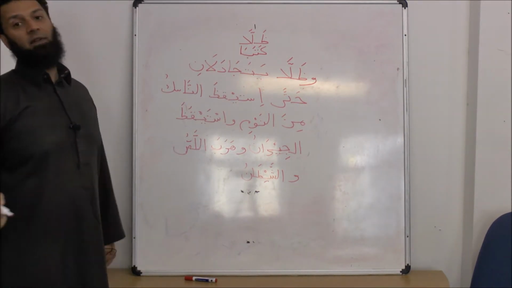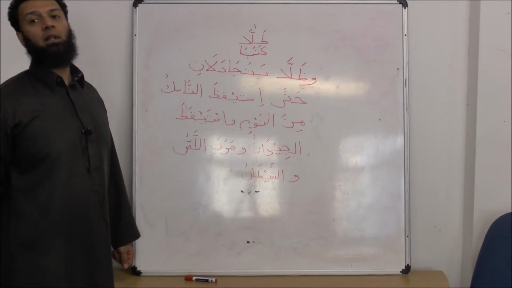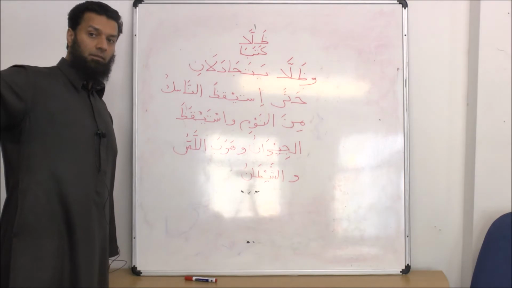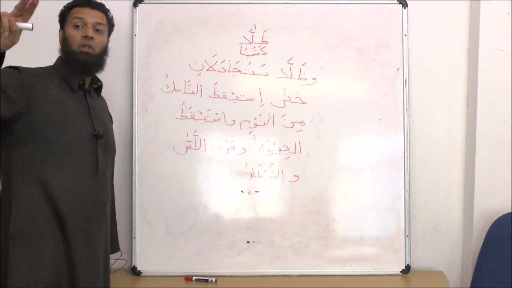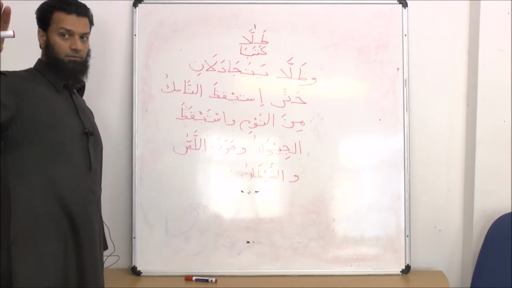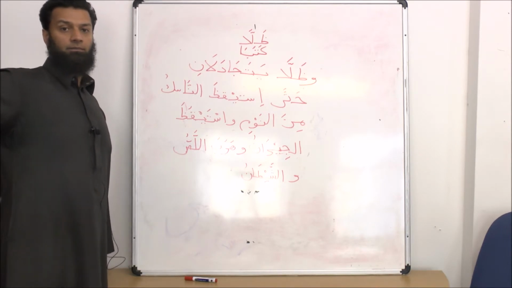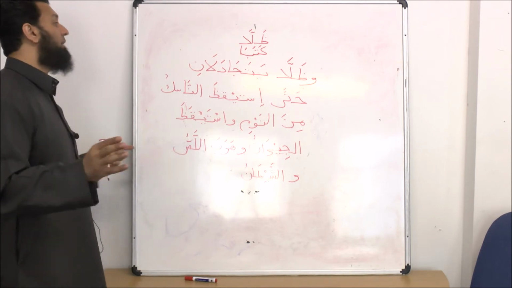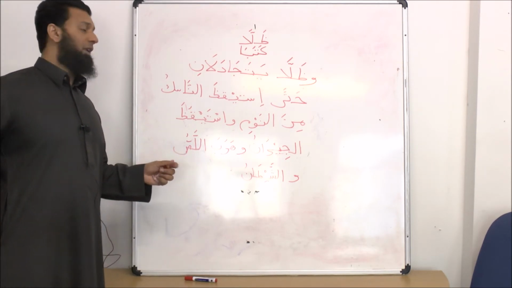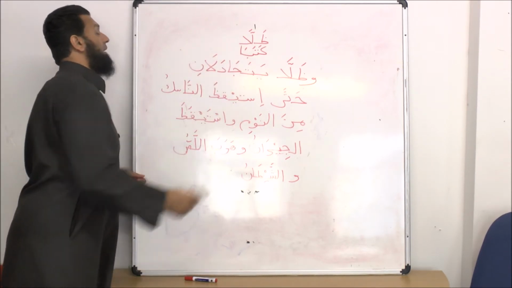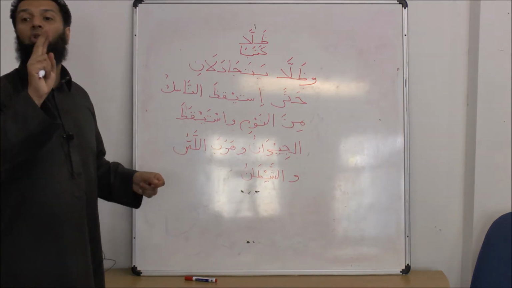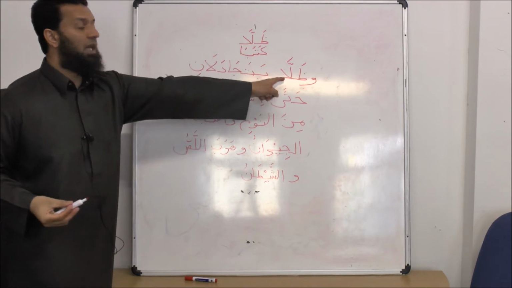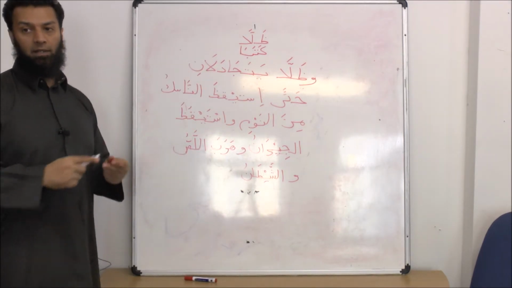If you place an alif on the end, it becomes kataba, and it means they two wrote. The dual. We haven't done that very often because it's not very common, but suffice to say that an alif on the end of a fi'l al-madi makes it dual. So dhalla, them two remained.